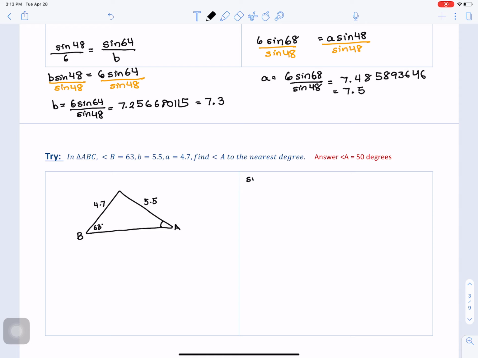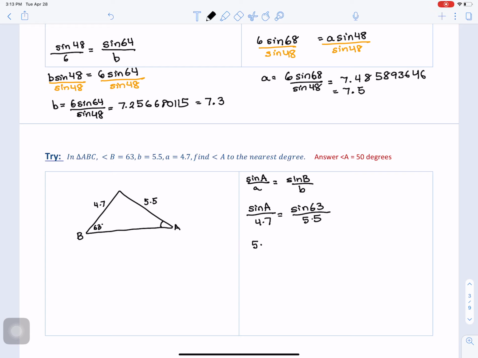So I know that sine of capital A over lowercase a equals sine of capital B over lowercase b. I sub in all my known information. Sine A over 4.7 equals sine 63 divided by 5.5. And I'm ready to cross multiply again.